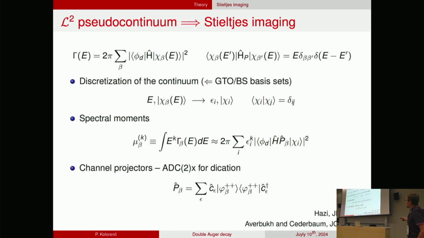But those wave functions I'm getting still provide me a resolution of identity in the region of space in which I need to evaluate this coupling element. So it allows me to evaluate spectral moments of the decay width function. And then I use Stieltjes imaging to recover the function itself. Okay, thank you very much.